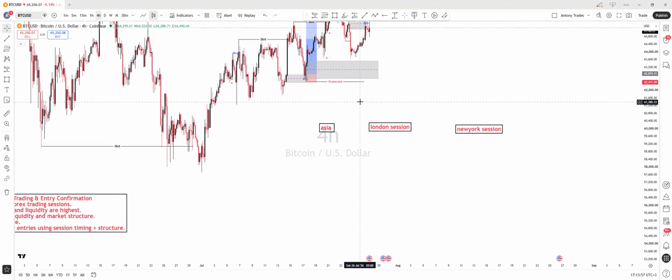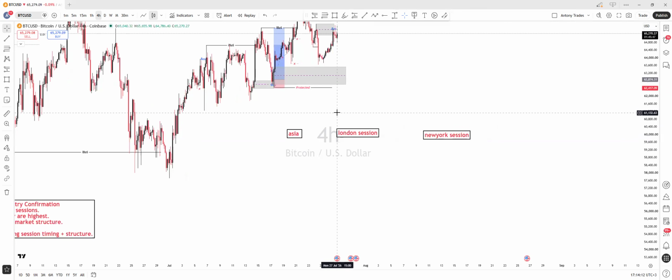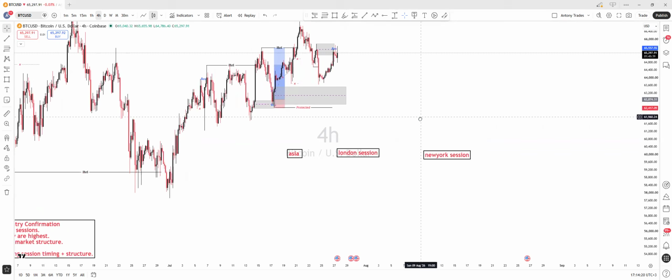For me, depending on the time in my country, I'm not able to trade during the Asia session because most of the time I'm asleep, so I cannot be watching the market then. The only time I'm available to trade is either the London session or the New York session. That's where you'll find most of my trades will always come during the day.